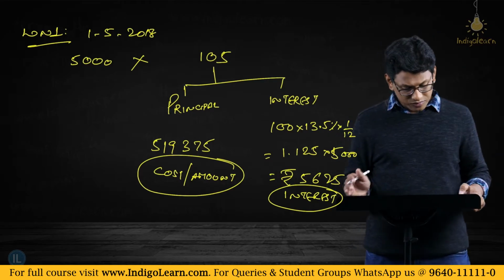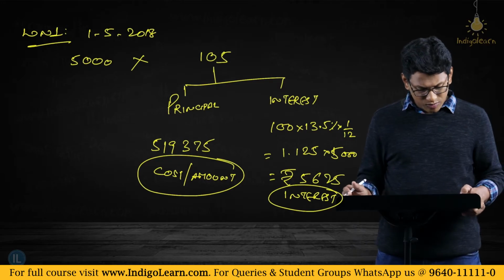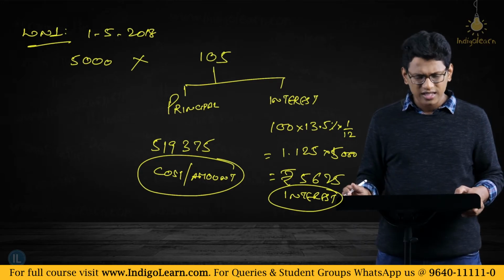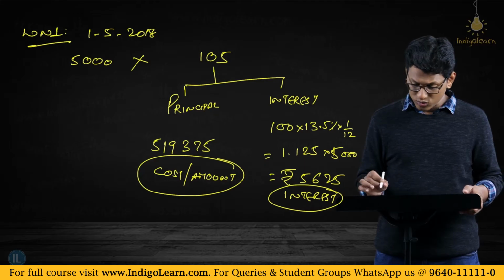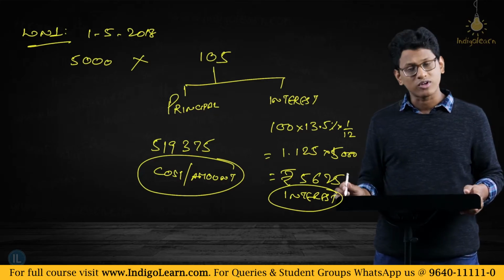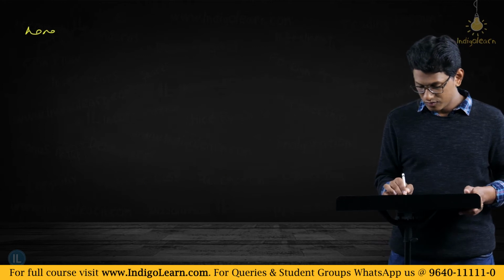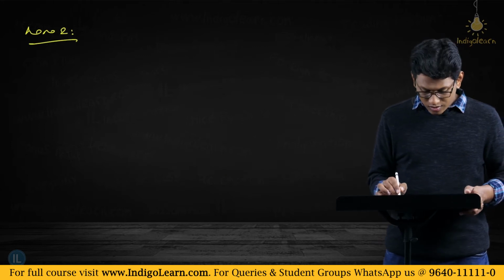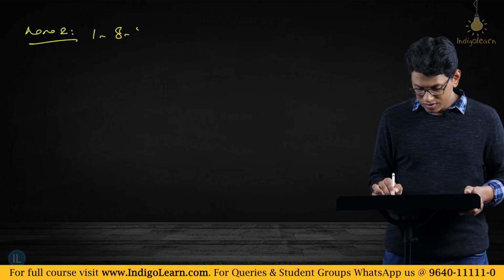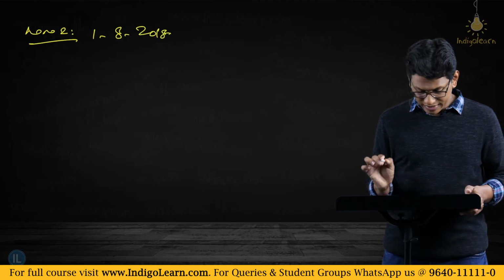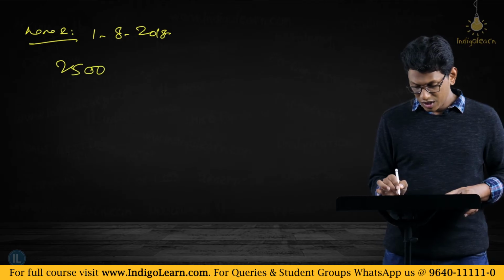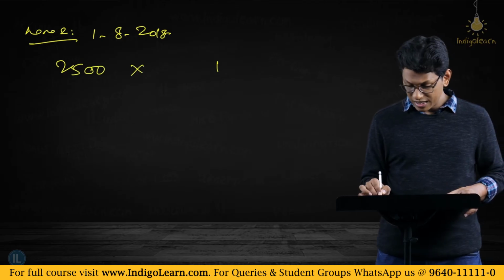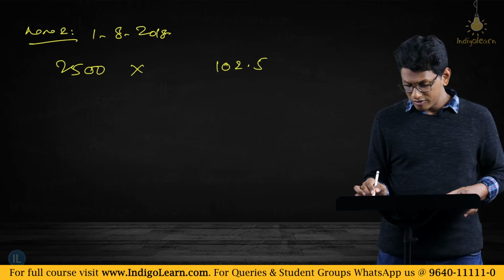Now move to the next one. Interest on these instruments is payable on 31st of March and 30th of September. Okay. Then on 1st of August, there is one more acquisition. Let us make working note 2 for that. 1st of August 2018. Company purchased 2,500 debentures at 102.5 per debenture.